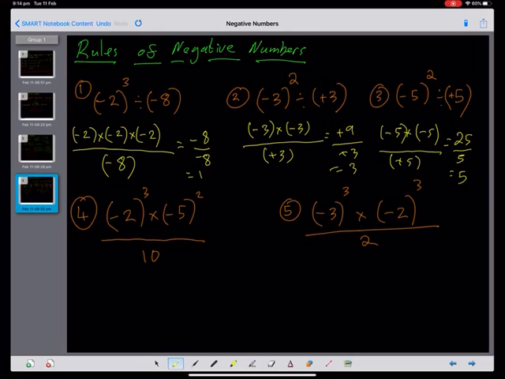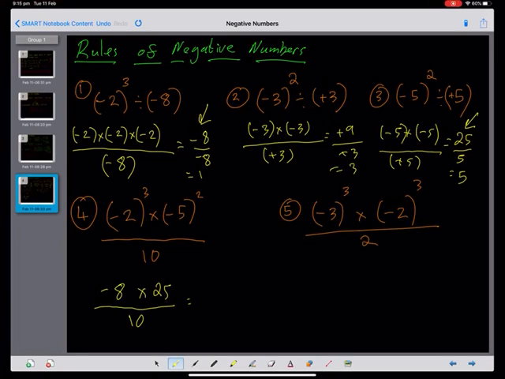Okay, so we've already worked out negative 2 cubed. It's here. So negative 2 cubed is negative 8. We've also worked out negative 5 squared. It's here. That is 25. And we need to divide by 10.